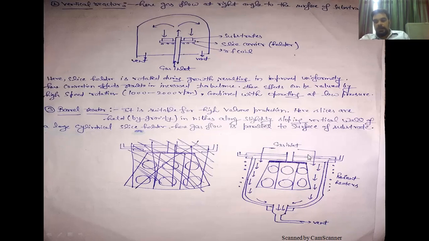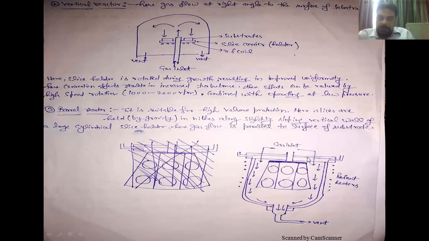Here gas flows over this surface. You can see that here also the flow of gas is parallel to the surface of the substrate, so this is a type of horizontal reactor. The substrate holder is also rotated throughout, so there is a uniform growth rate throughout the wafers.